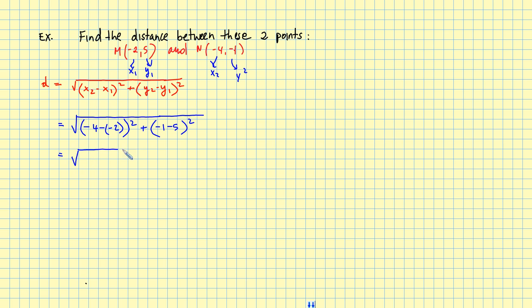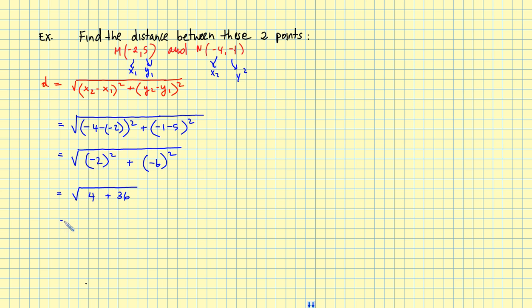And now I have the square root of negative 4 plus 2, which is negative 2, and when I square that, it goes to 4. Negative 1 minus 5 goes to negative 6, and we square that as well. So negative 2 squared is 4, and negative 6 squared is 36.